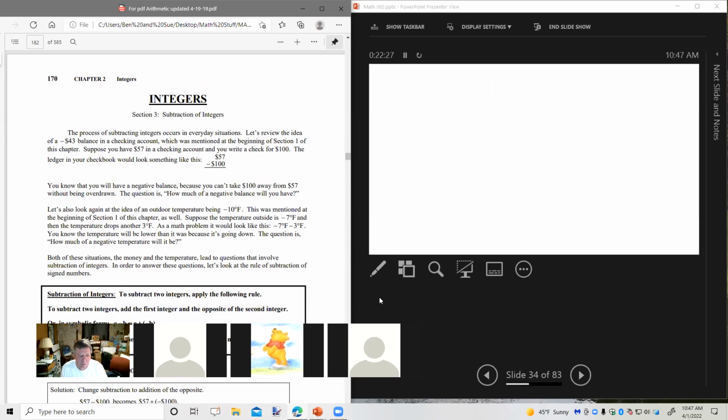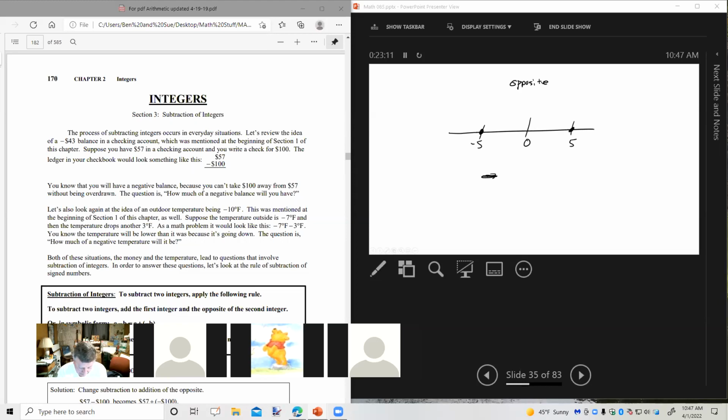But before we do that, we need to talk about something called the opposite. What is an opposite? If two numbers are the same distance from 0 on the number line, but on opposite sides of 0, they are called opposites. So -5 is the opposite of 5, and 5 is the opposite of -5. This symbol can actually be 3 different things.